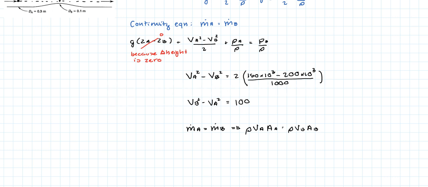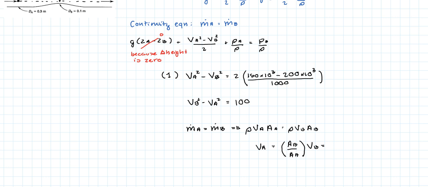We do not know the velocities, but they're unknown in the other equation that we have here. So velocity at A is equal to cross-sectional area B divided by cross-sectional area A times velocity at B, and we can actually calculate that.